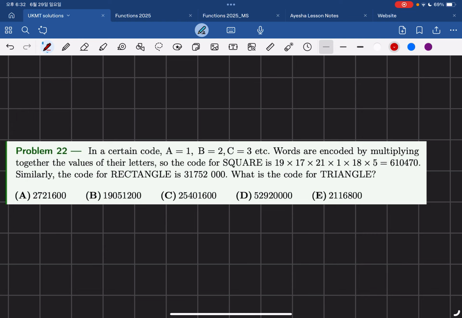Now, looking at rectangle and triangle, we have some letters in common. Both words have ANGLE, and both words have T and R. So the only difference between the two words is that E and C are replaced by I, which is the 9th letter in the alphabet, and C is 3rd, E is 5th.